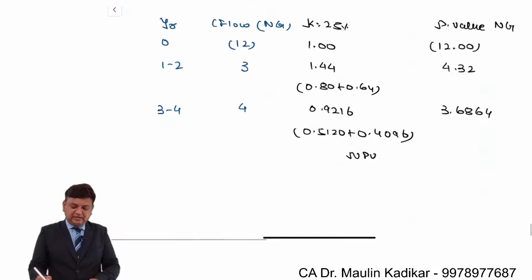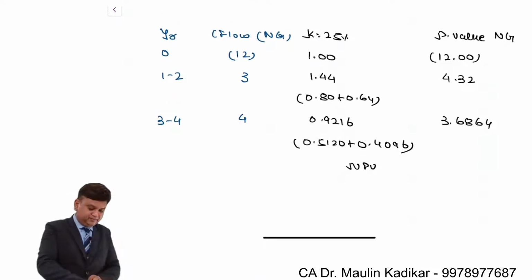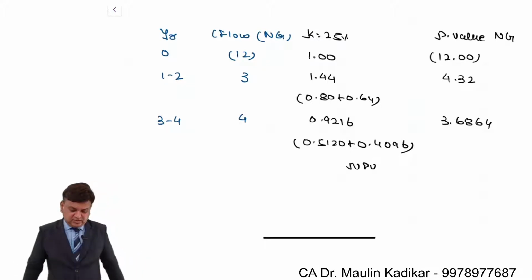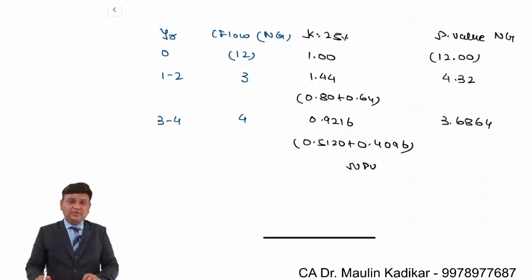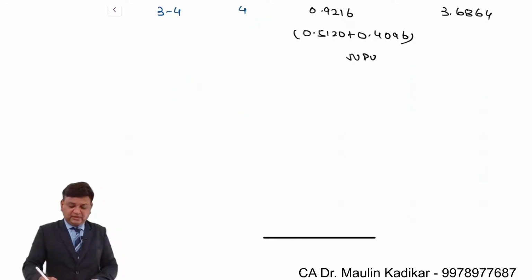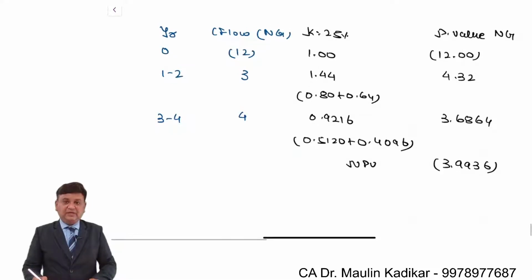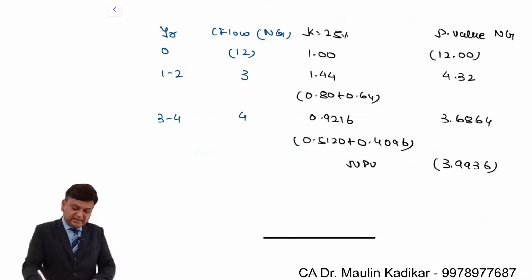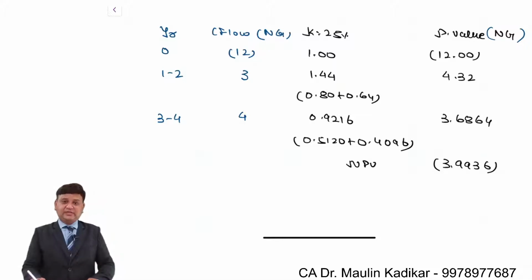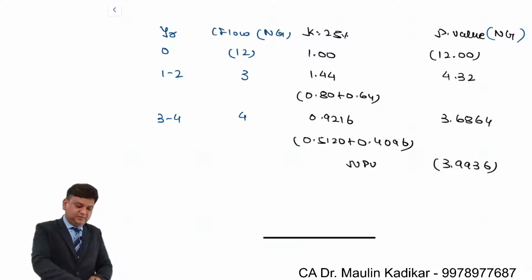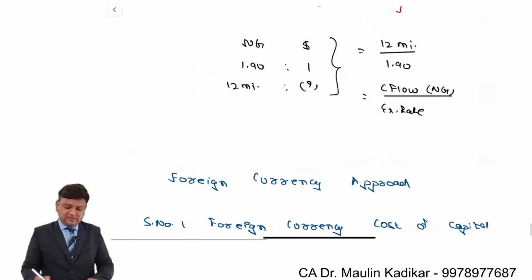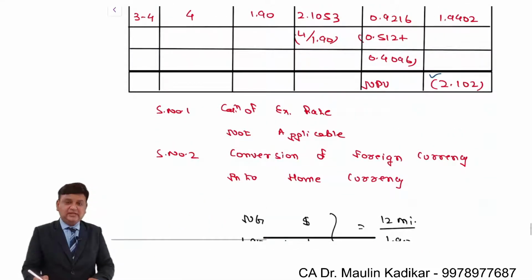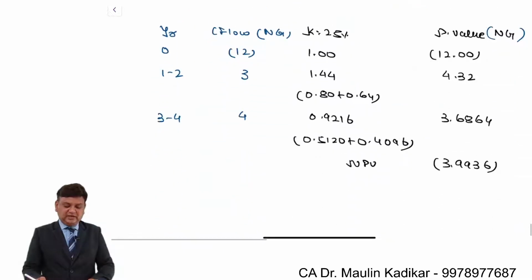That is the way we compute the NPV in foreign currency term. 3.6864 plus 4.32 minus 12, 3.9936. This is the negative NPV and it is in the Netherlands guilder currency term. Of course, using the spot exchange rate, it will be converted into dollar currency. So divided by 1.90, we get the answer of exactly 2.1019. That is the answer of the home currency approach, which we already have calculated.